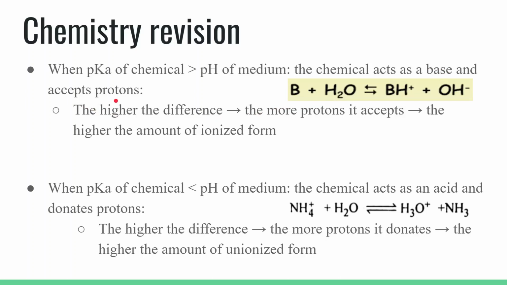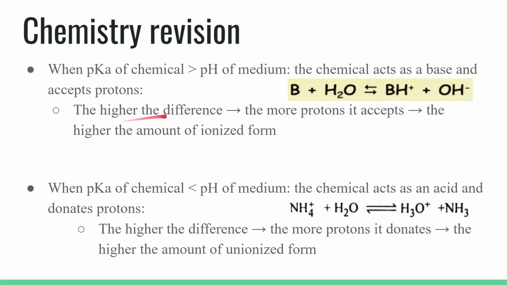For example, if you have a medium with a pH of 4, for example, and you drop a chemical with a pKa of 8. So a pKa of 8 is a basic chemical, and you drop it in an acidic solution of a pH of 4. This means that the chemical is going to act as a base, and it's going to accept protons, just as in this equation right over here.